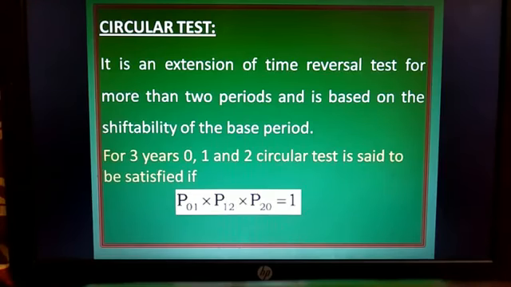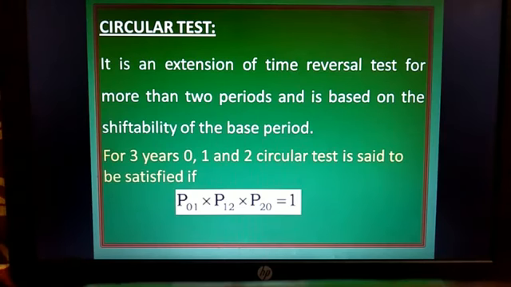That's why 0, 1 and 2 it is considered. Further it can be considered many more time points, and in the similar fashion an extension can happen based on the circular manner, which should be equal to 1 when we take multiplication of those index numbers.